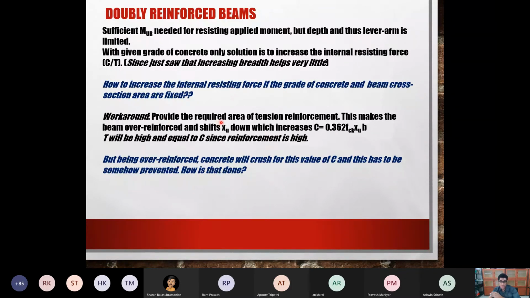just provide that tension reinforcement, even if the area of steel which you require for this moment is coming more than the area of steel for an under reinforced or a balanced failure.